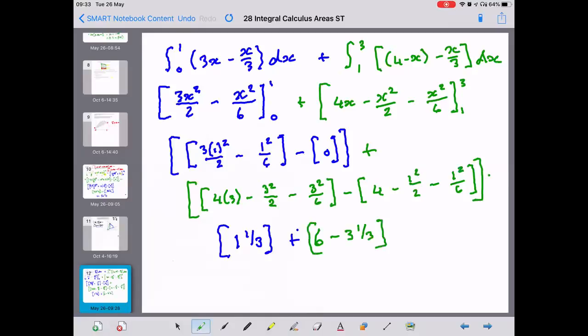So I've done those two separately. Equals 4 square units. Does that check out, gentlemen?